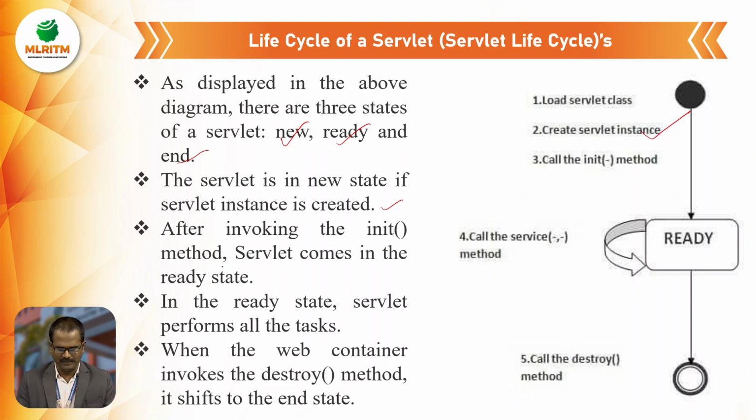After invoking the init method, the servlet comes to the ready state. In the ready state only, it will invoke the service method. With the help of the service method only, the HTTP response is generated. After the completion of the HTTP response, it will destroy the servlet. This is the life cycle of a servlet.